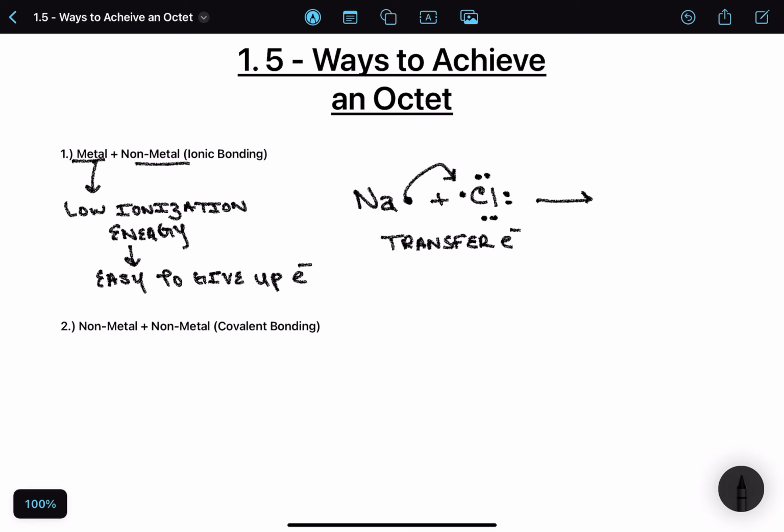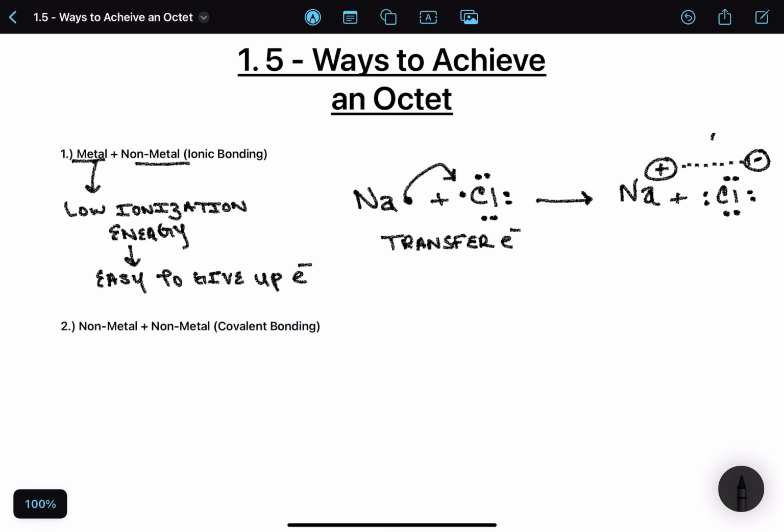And so what we'll get now is a sodium without an electron, so it's going to have a positive charge, and a chlorine with 8 electrons around it. And so that's going to have a negative charge. And so the negative charge will be attracted to that positive charge.